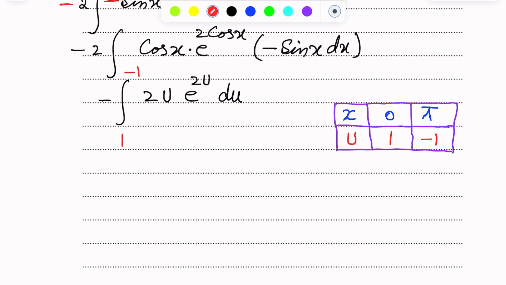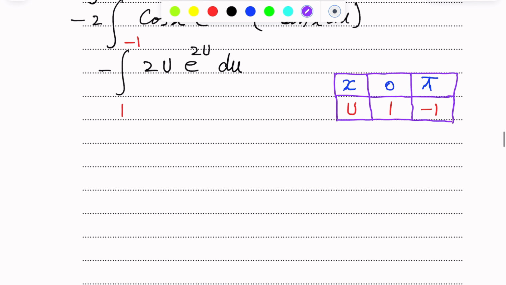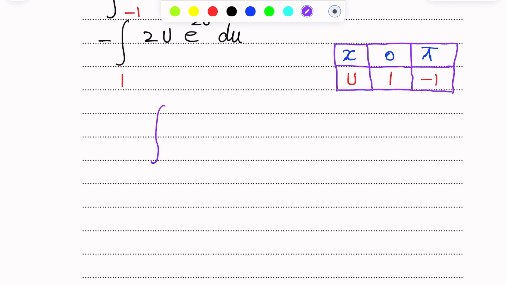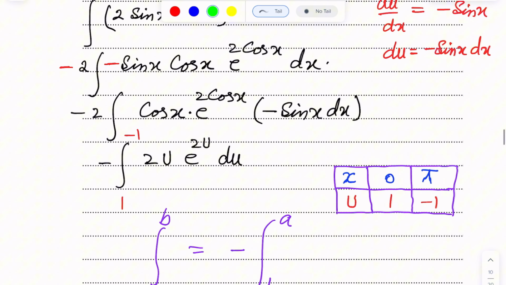Now there is an important rule: when the limit is a to b, if we interchange this limit, then we will write negative b to a. If we swap the limit, the integral will become negative. This concept we are using here.